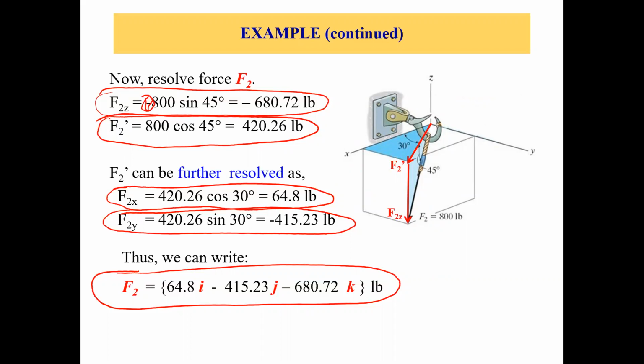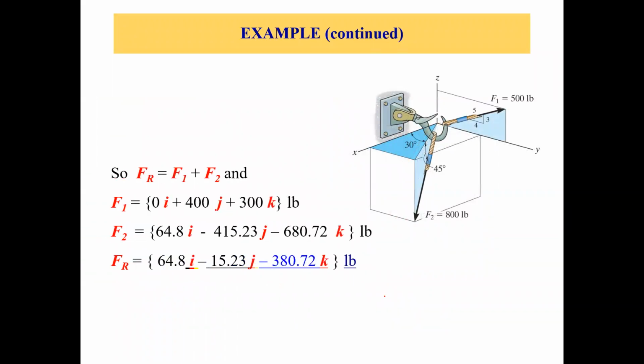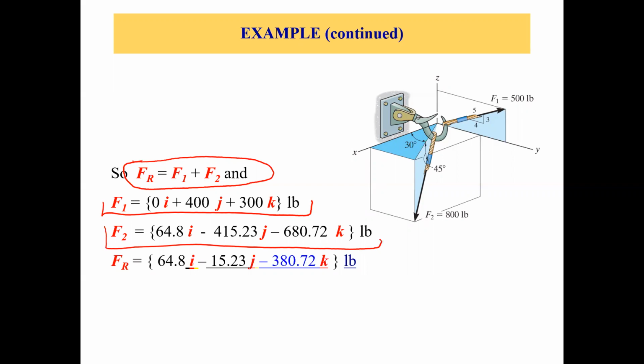Okay. Now next is just the adding up of these vectors, right? So we'll get FR, which is the addition of F1 and F2. So F1 plus F2. Now we know that we just need to add X, Y, and Z components, right? So just add X, Y, and Z components. This is your F1, this is your F2.